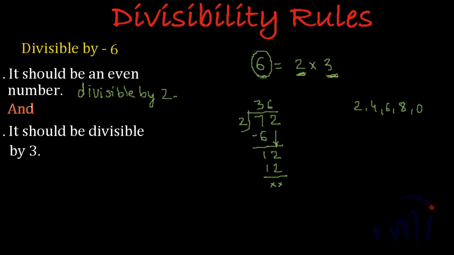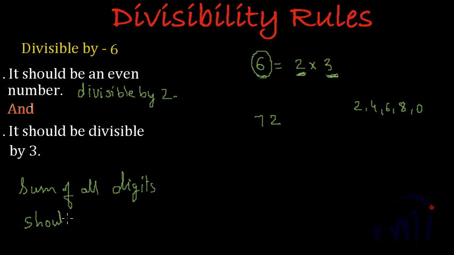And now let's check the divisibility of 72 by 3. So what is the divisibility rule of 3? The divisibility rule of 3 was the sum of all the digits should be divisible by 3, right? So that means the sum of the digits, that is 7 plus 2, which is equal to 9, it should be divisible by 3.